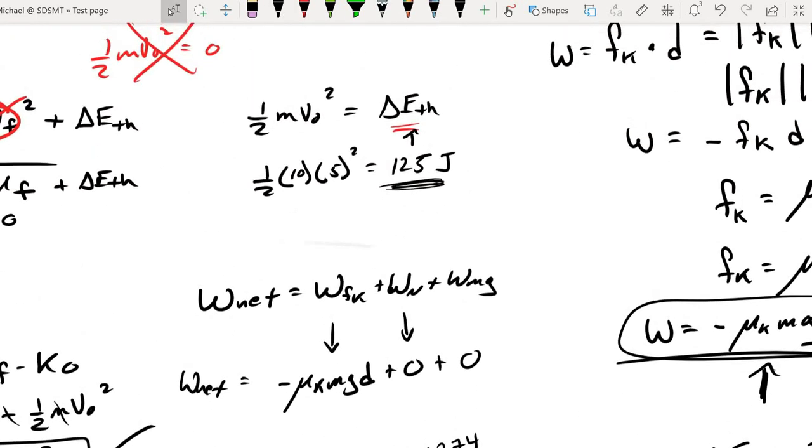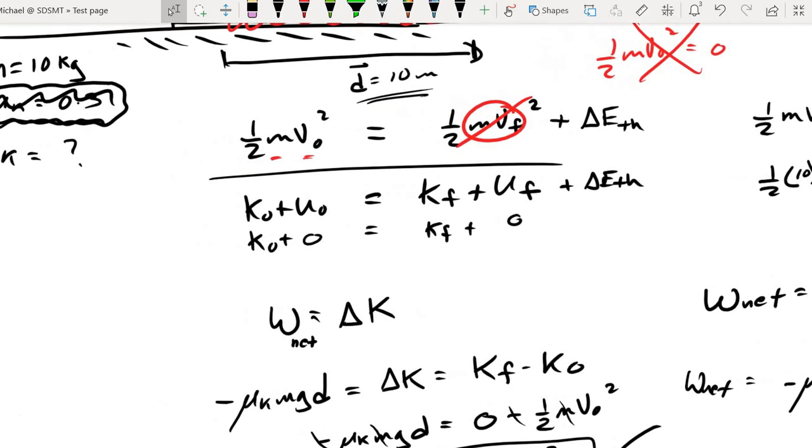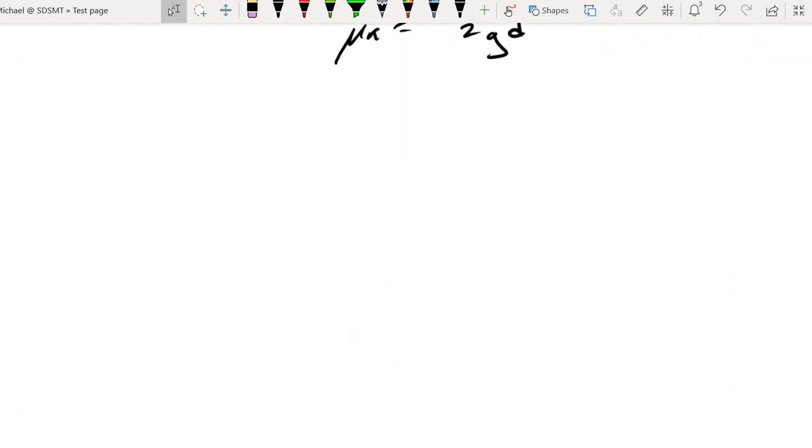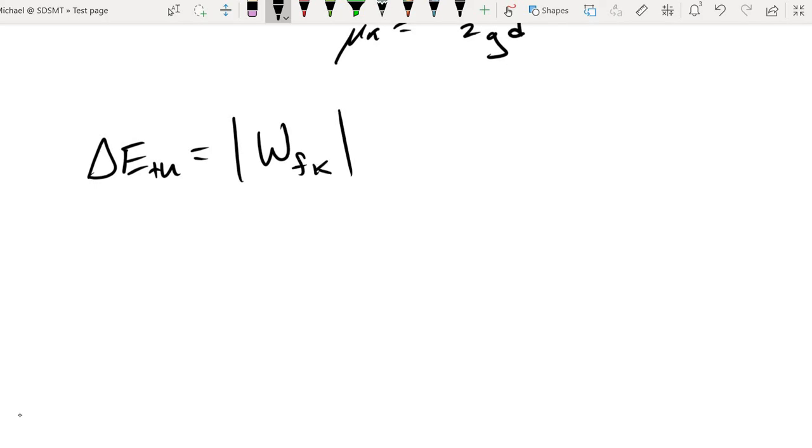There are two ways that we can figure out the amount of thermal energy that is generated in the system. One way is to look at how much work our resistive force has done. And the only resistive force that we actually have math to back up is friction.